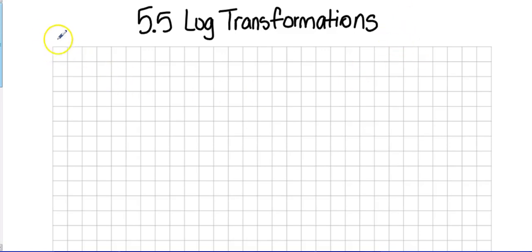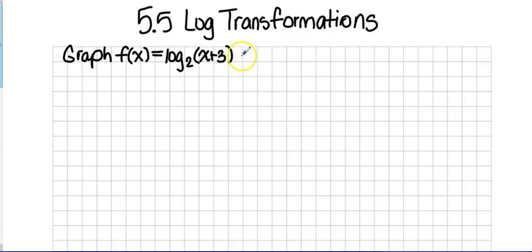And the first directions we're going to have are to graph f of x equals log base 2 of (x plus 3) plus 1. Notice I'm very careful to indicate using parentheses what is part of the argument and what is not.